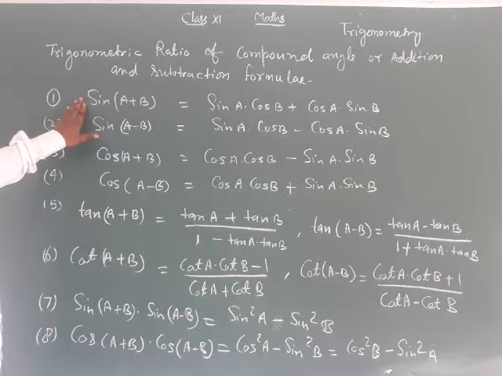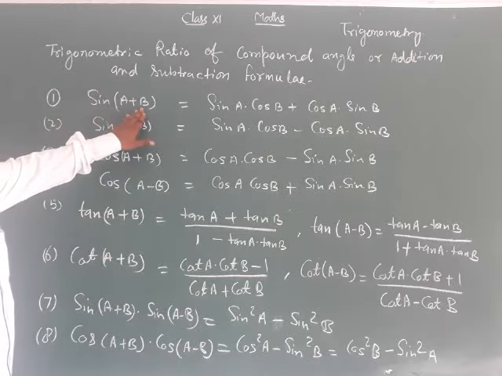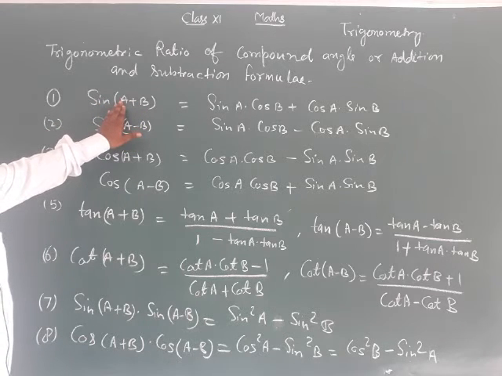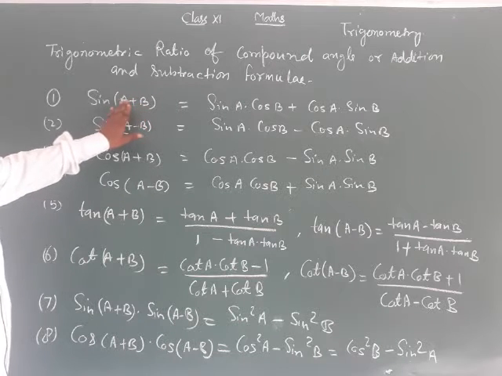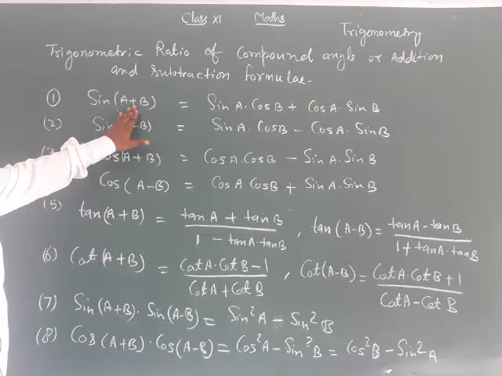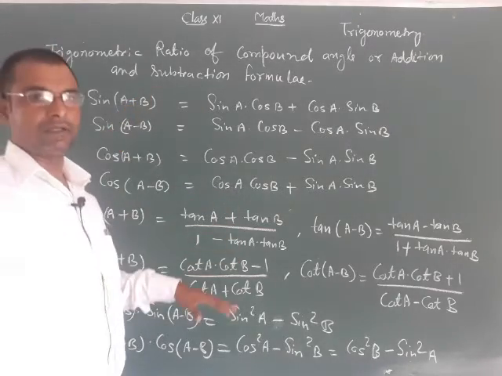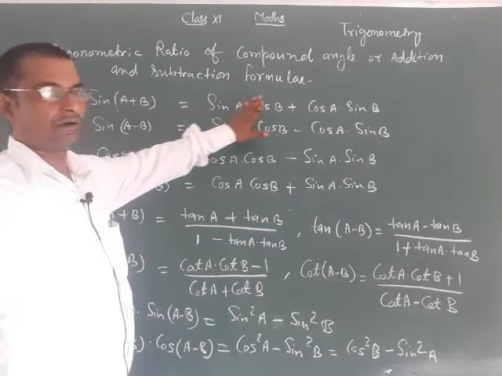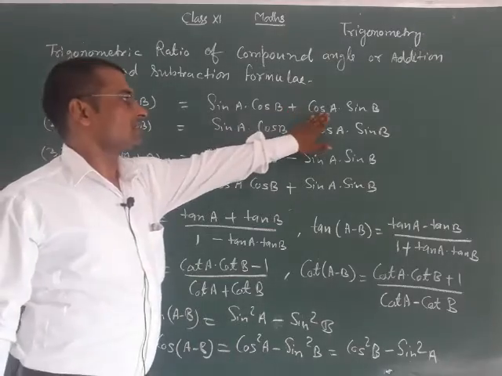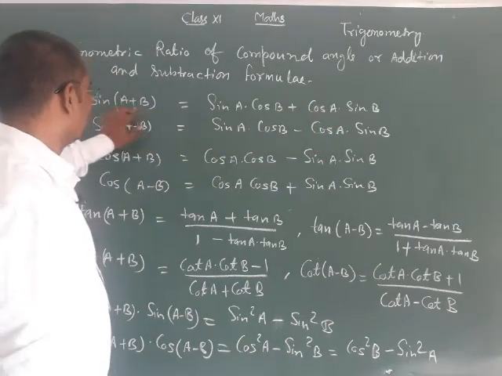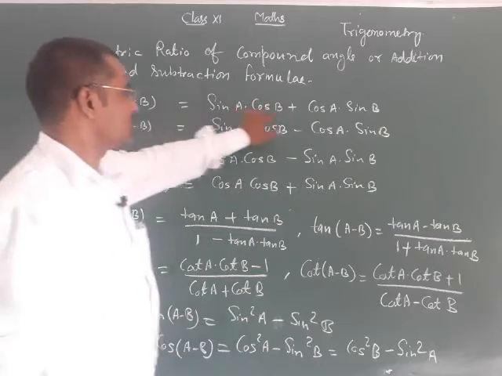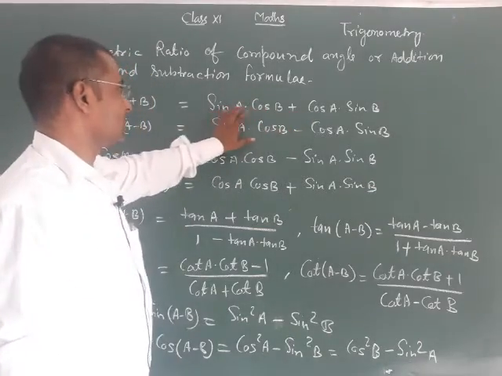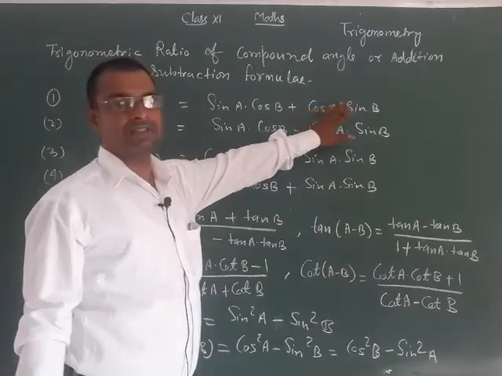First formula, sin(A plus B), sum of two angles. Sin(A plus B) is equal to sin A cos B plus cos A sin B.